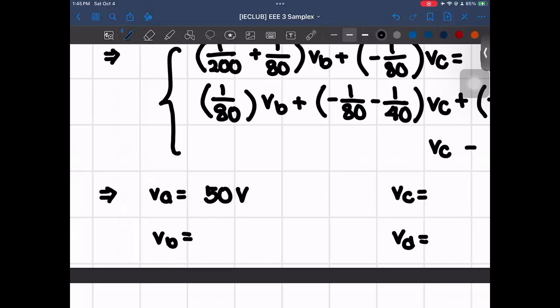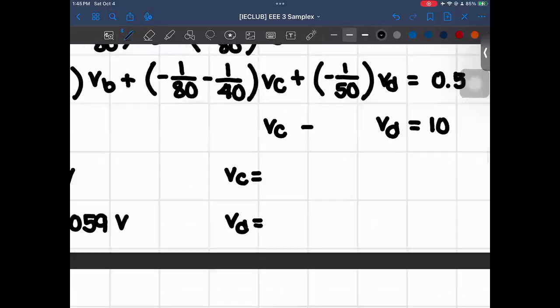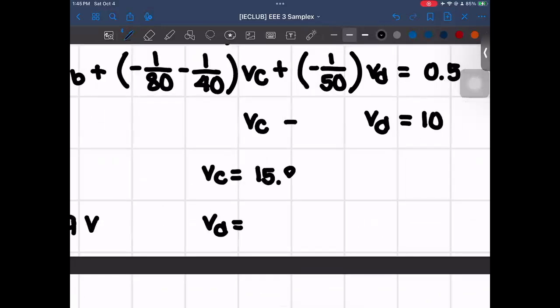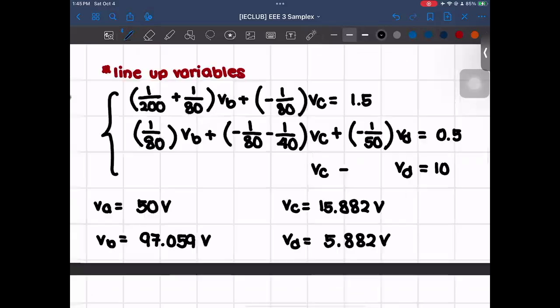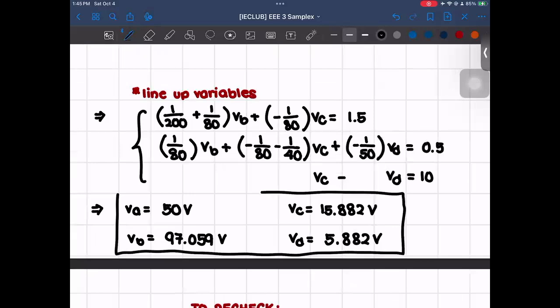And then VB will be 97.059 volts. And then VC would be equal to 15.882 volts. And VD is 5.882 volts. And so that's our answer for section A of this question.